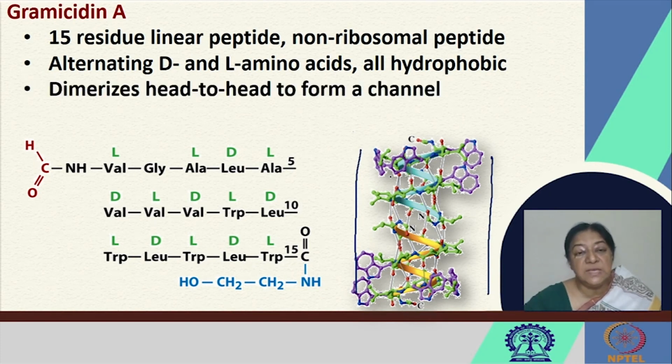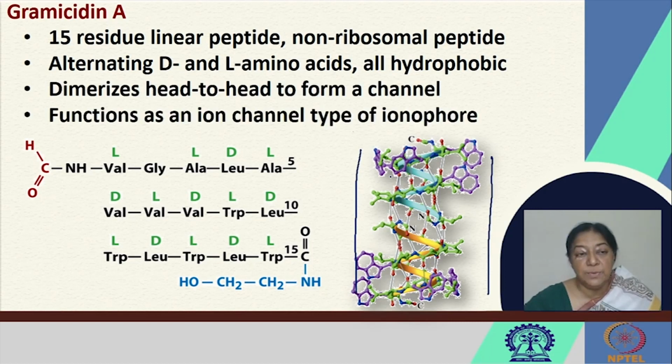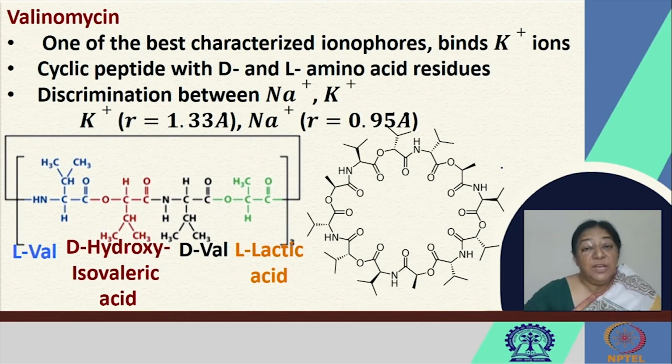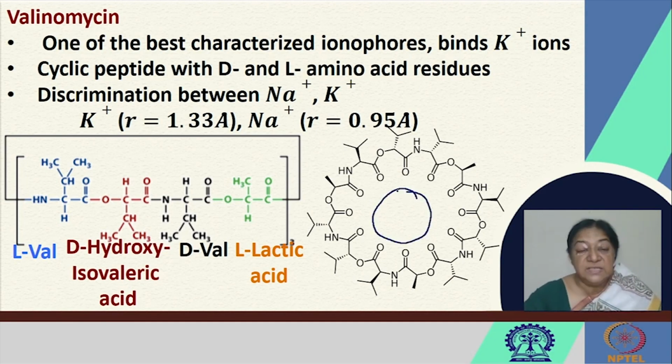It dimerizes head to head to form a channel through the membrane, and it functions as an ion channel type of an ionophore. If we look at valinomycin, this is one of the best characterized ionophores. It binds the K plus ions. It is a cyclic peptide that creates this channel that transports the specific ions, and the cavity here is very specific, and it can discriminate between sodium and potassium.